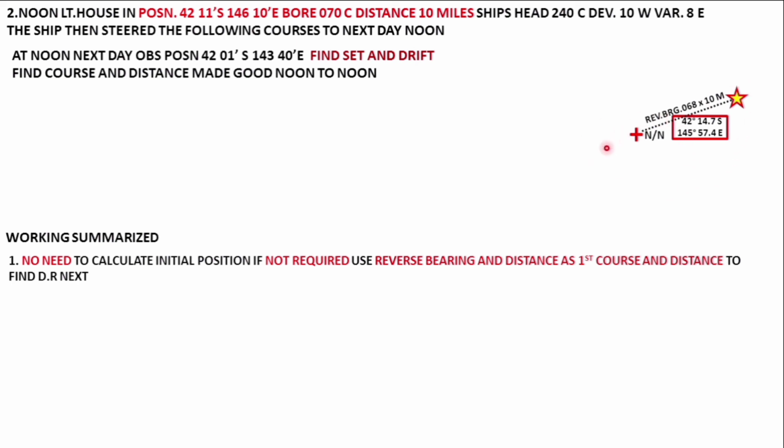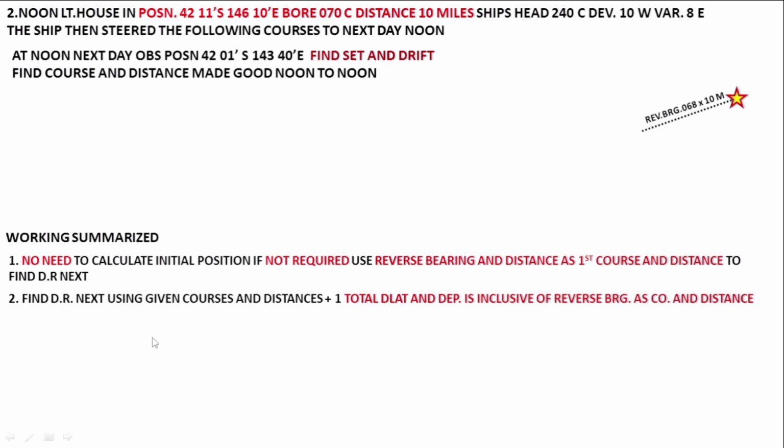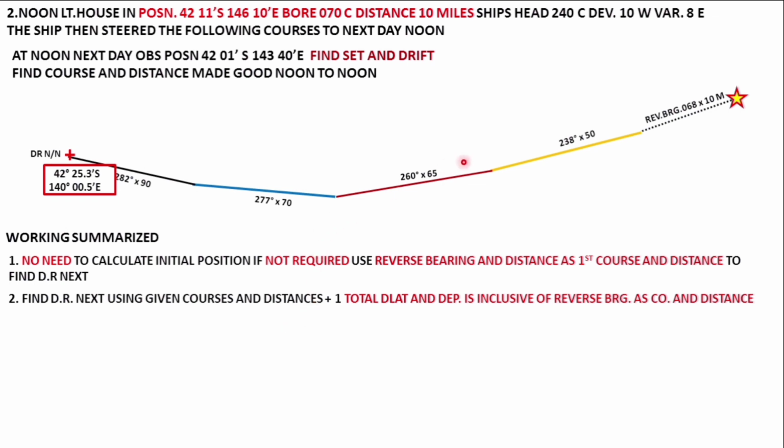You can always use the reverse bearing and distance as the first course to find out your DR. Now finding out your DR, you use all your courses, whatever is there, plus this will be included, and the total DLAT and departure can be applied to the position of the lighthouse to obtain your DR. So this step of converting your mean lat and getting your departure, converting to D-long, can be avoided here.